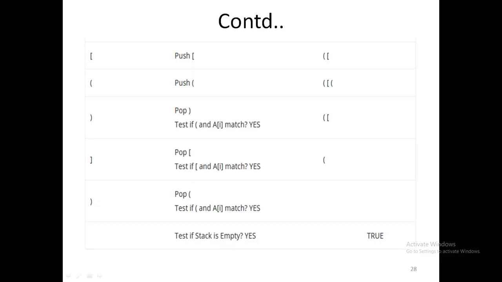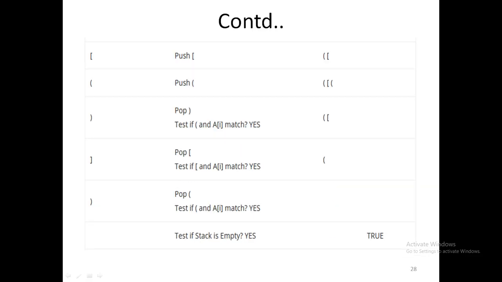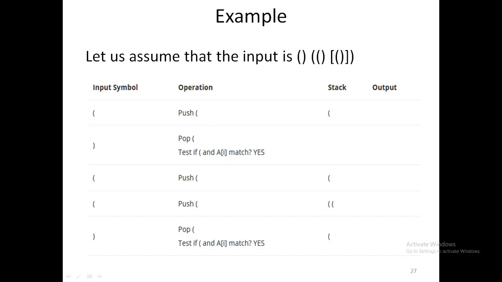For example, if you are processing this, first we need to push the open parenthesis, then the close parenthesis will come. When we pop the element, the open parenthesis and the close parenthesis are the same, so the match is over. Then we come with two open parentheses, that are inserted. Then we have one close, so one element is popped out. Then we have two open, that are added.